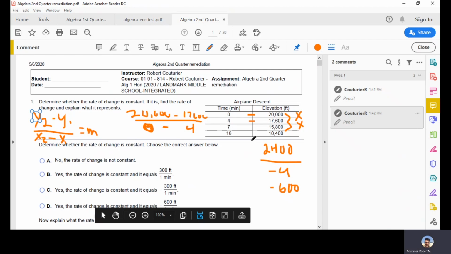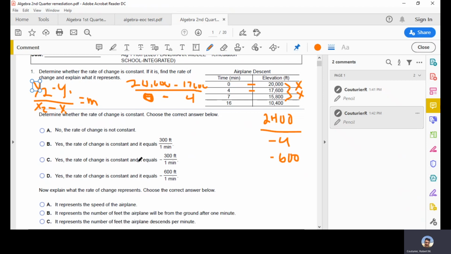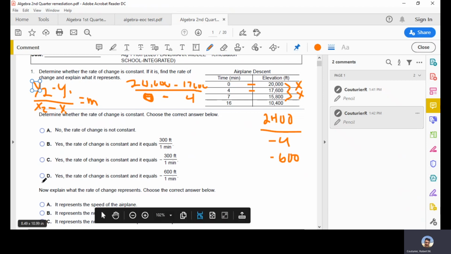These are minutes here, so for each minute that passes, it's going down 600 feet per minute. So no, this is not a constant rate of change. It's a positive 300 per minute, a negative 300 per minute, a negative 600 per minute. There is your response.